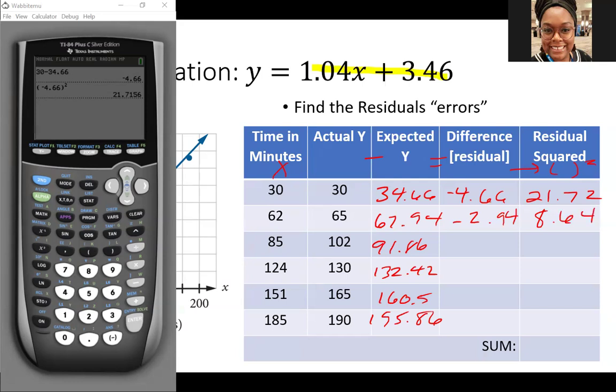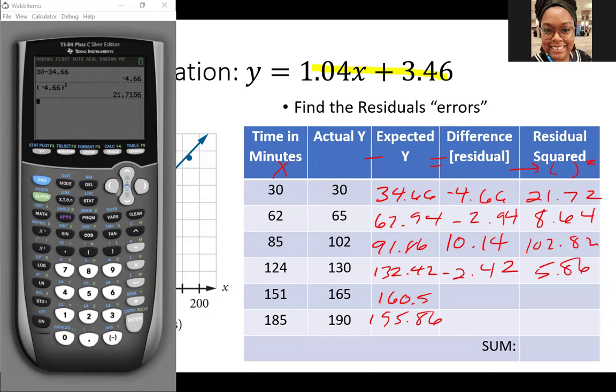Next. We have 10 and what? 14. And so the square. Okay. Next. And what was our square?